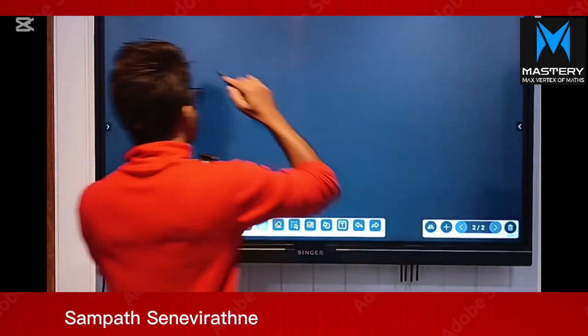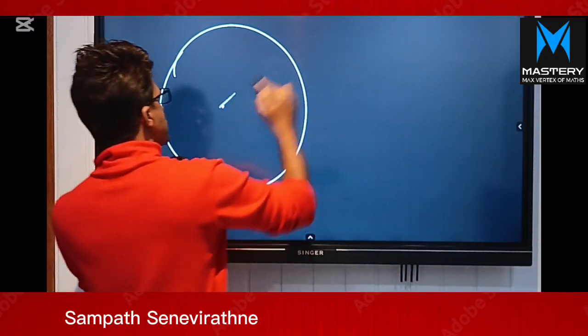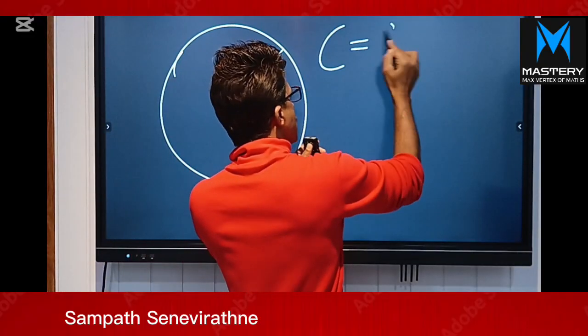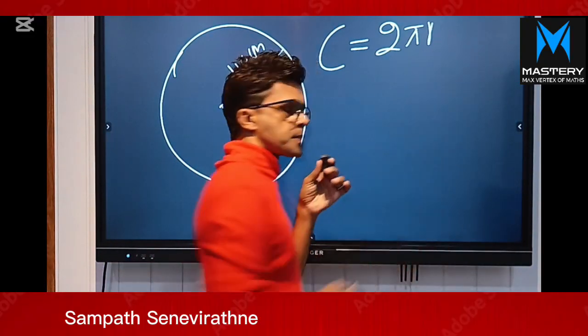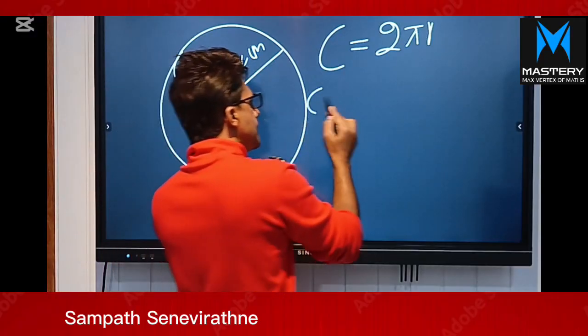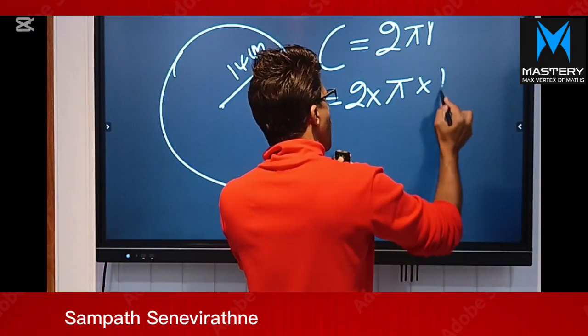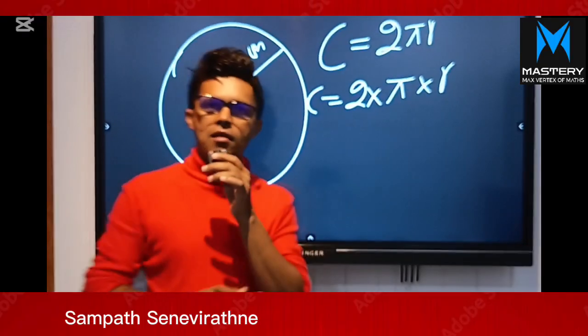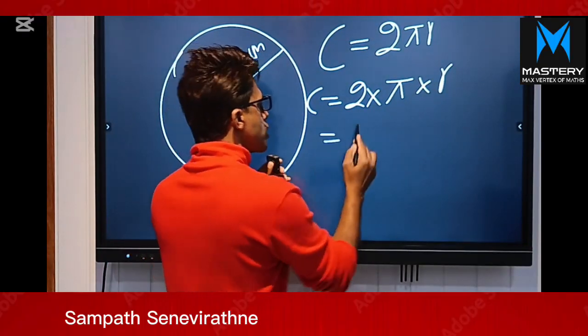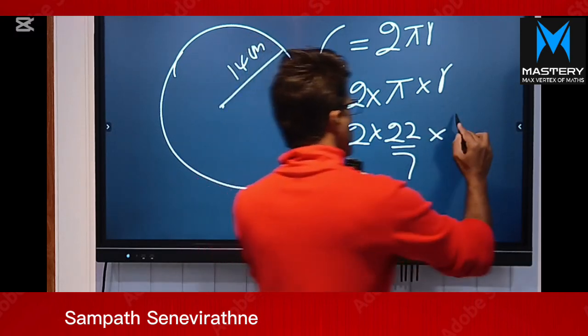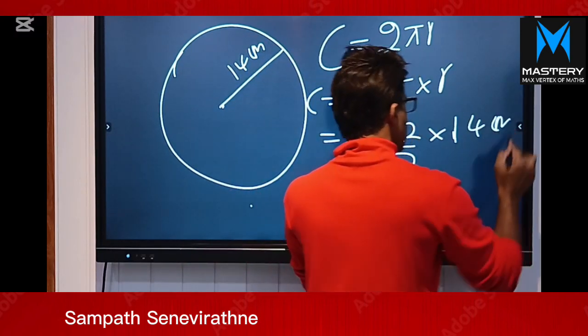Now let's calculate the circumference of this other circle as well. Here C equals 2 times π times r, where π equals 22 over 7 and r equals 14 cm.